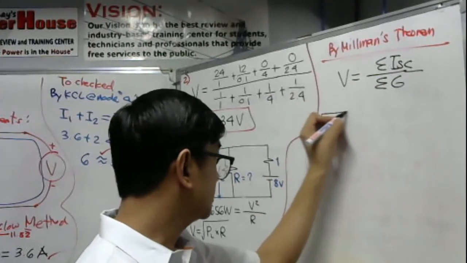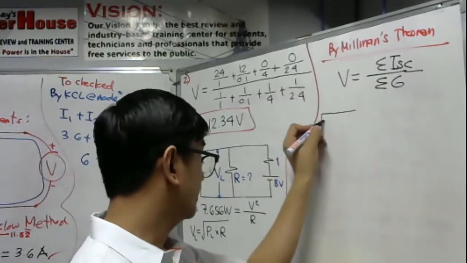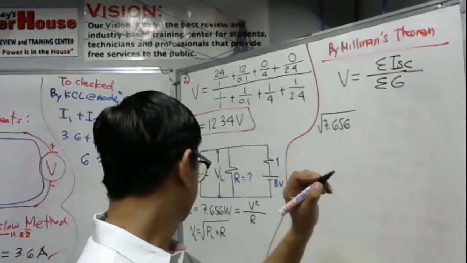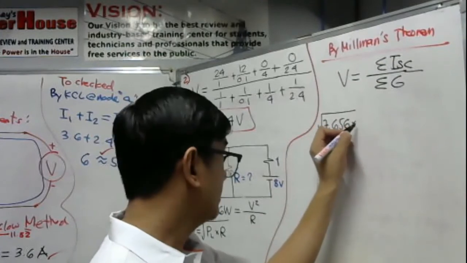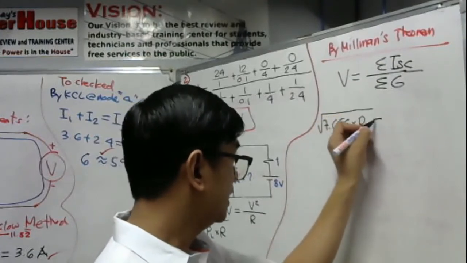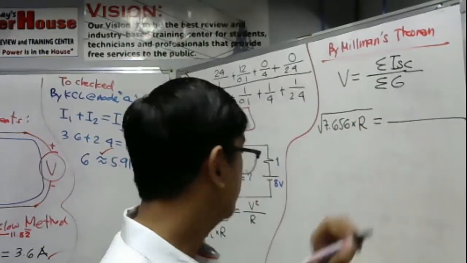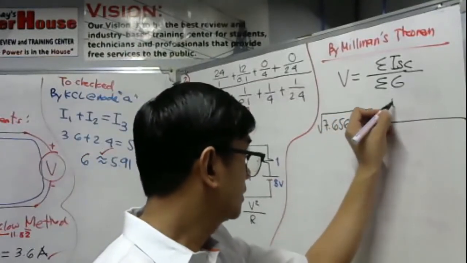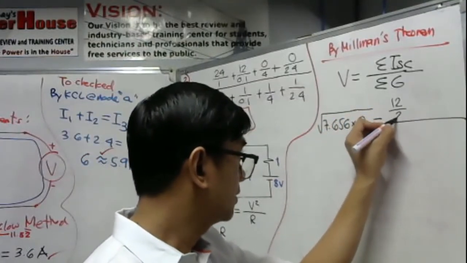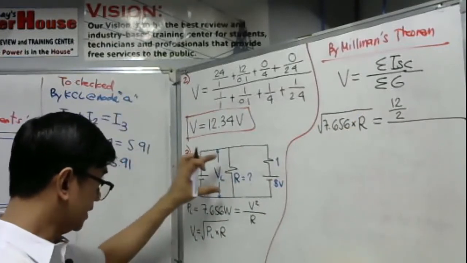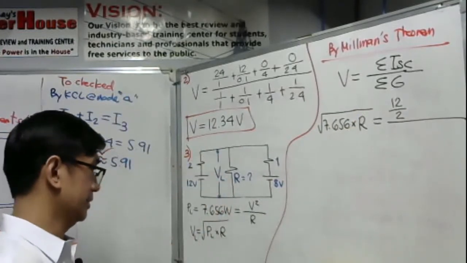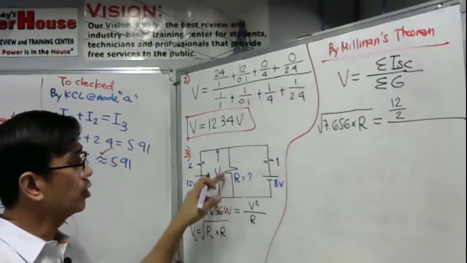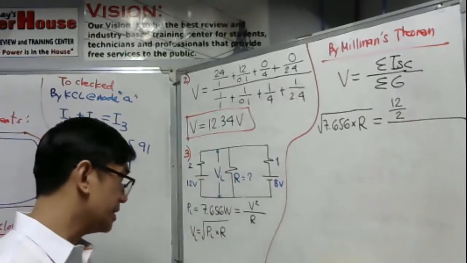So that is equal to the square root of P, which is 7.656, then multiplied by R, that is the unknown. Take a look here. That is 12 over 2. So this will be 0 over R, because there is no series voltage here. That is simply 0.